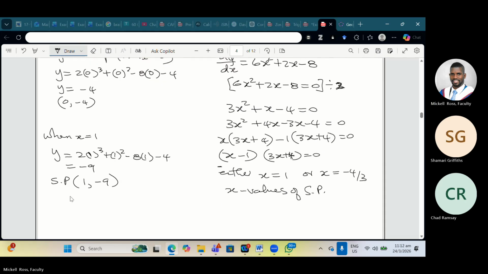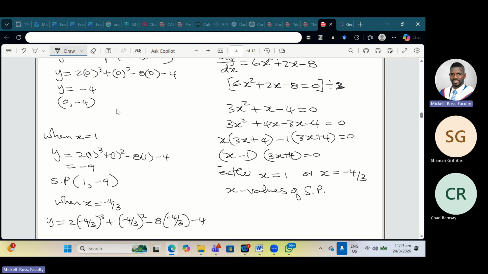When x is equal to negative 4/3, y is equal to 2 times negative 4/3 cubed plus negative 4/3 squared minus 8 times negative 4/3 minus 4. So I'm going to check this one and just use a calculator to do it.